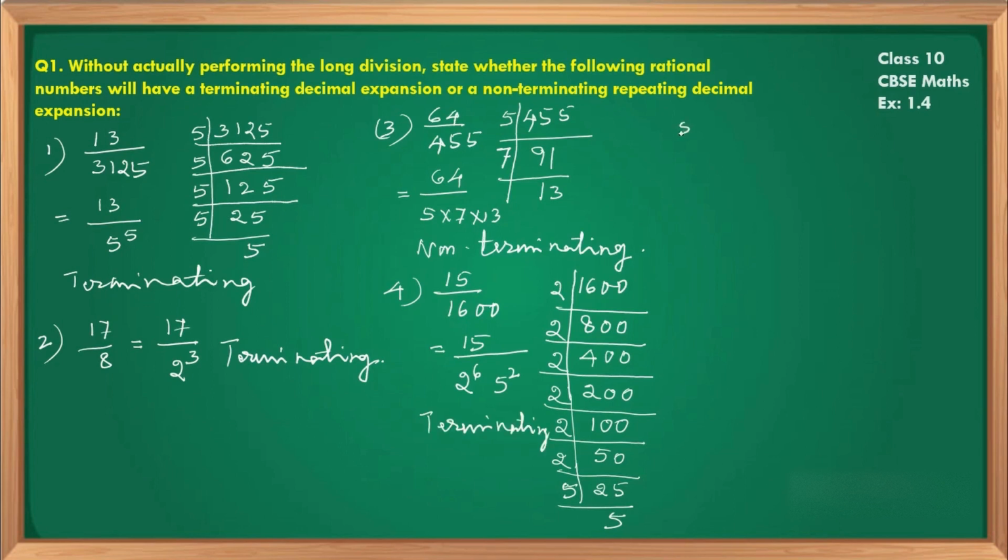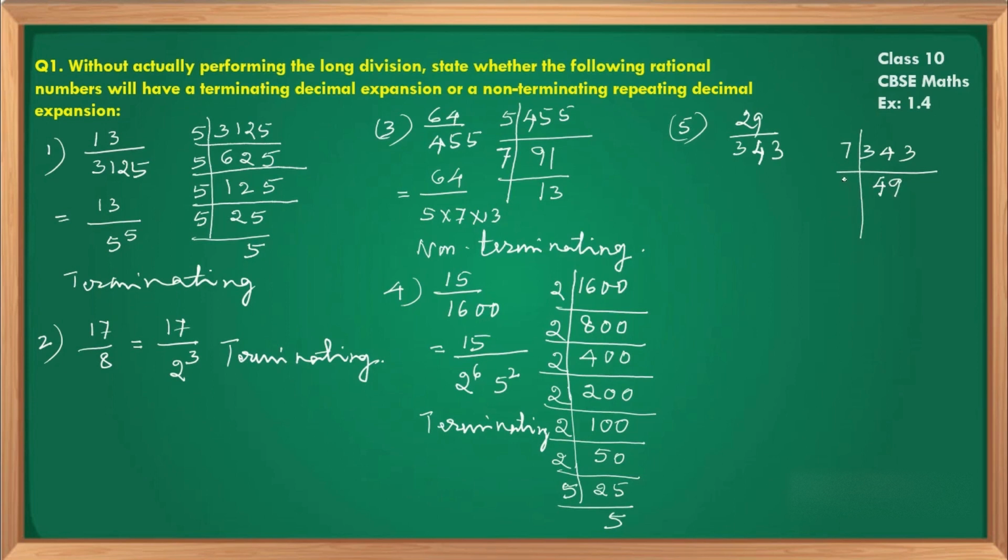Now let us go for the fifth question. Fifth question is 29 divided by 343. 343 can be factorized like this. You have to divide this by 7. 7 4s are 28, and you have 63. 7 9s are 63.